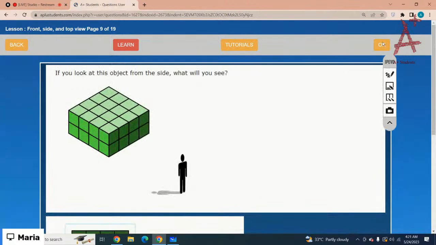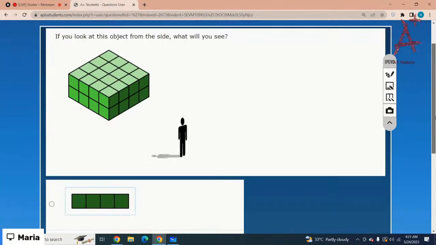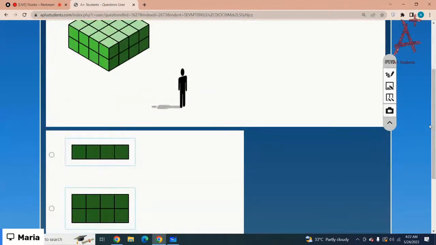Okay, if you look at the object from the side, what will you see? Which is the correct option, one or two? It would be the second one.